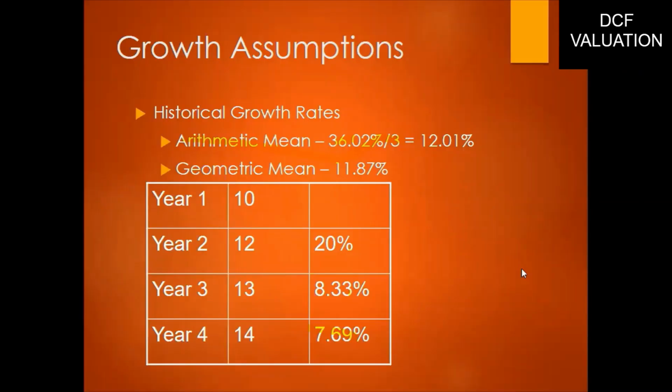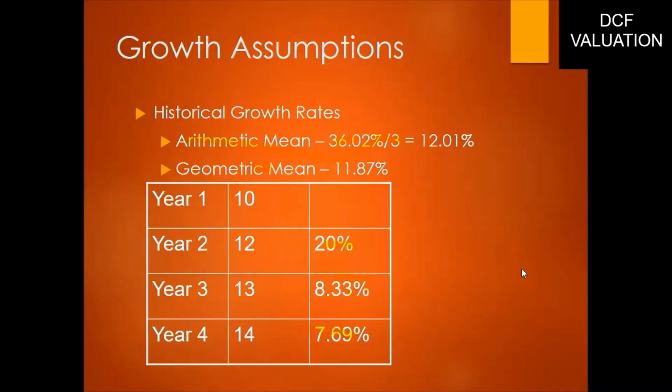If you're going to use the geometric mean, of course, you have to add 1 to your historical growth rates, okay? Then multiply all three, okay? Or if you're using Excel, simply apply the GeoMean formula. But don't forget to deduct 1 at the end, because remember, we added 1 to our growth rates when we're computing for the geometric mean.